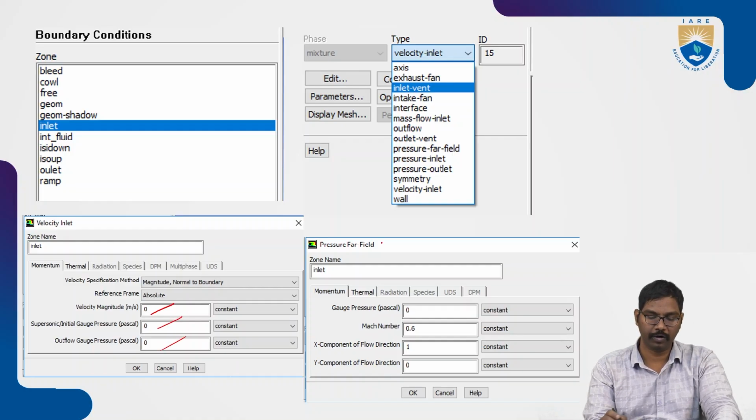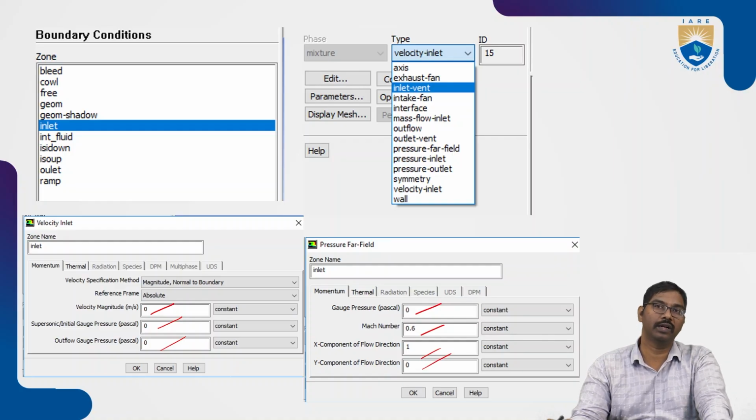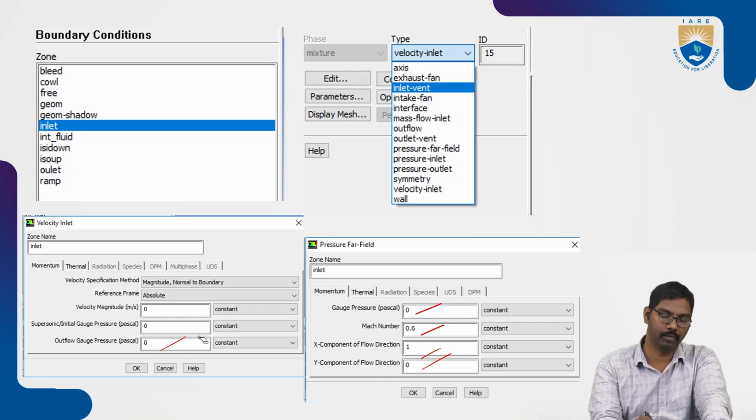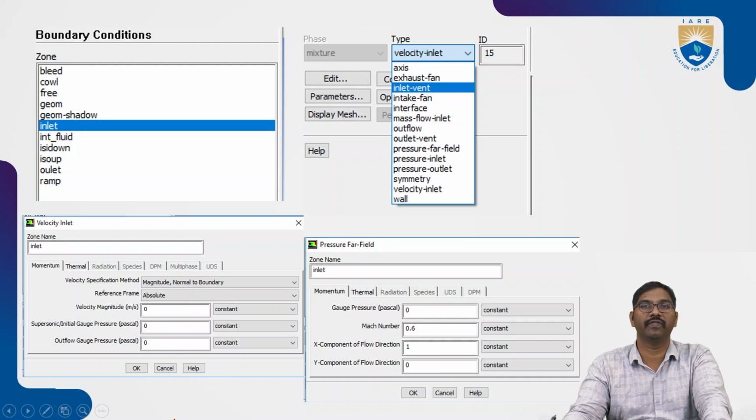If it is a pressure far field, you can define the pressure, Mach number, X component, Y component. If it is a mass flow inlet, then you have to define the mass flow. Like this, each boundary which we are going to define may have different initial conditions based upon the given input and the problem you are going to solve. You can choose one particular boundary condition so that the solution may converge very easily.